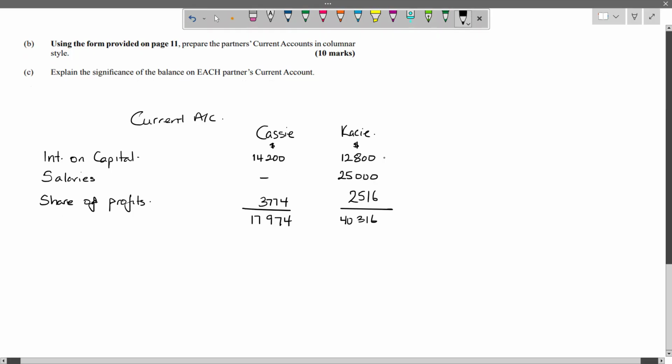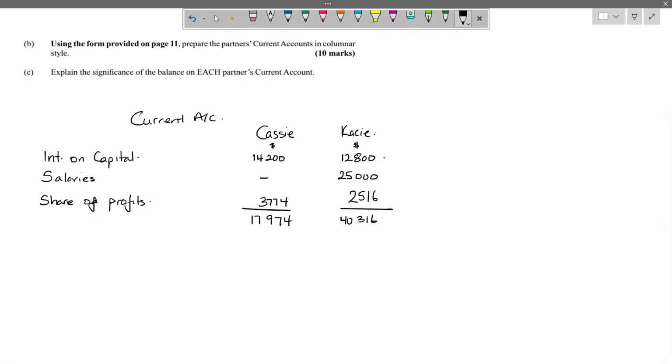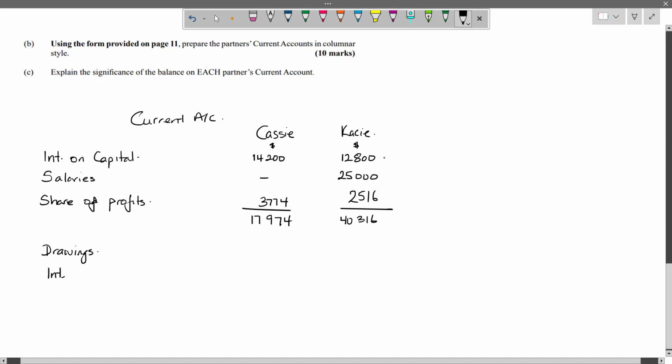Now, from these, we need to subtract things like drawings and interest on drawings. These are things that will reduce their earnings in the partnership.